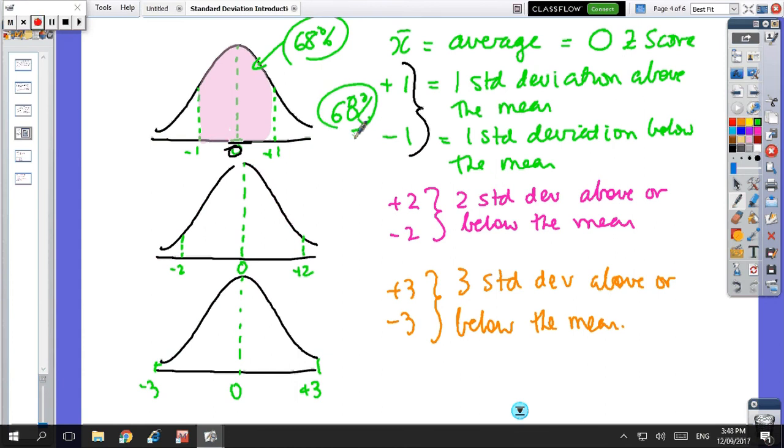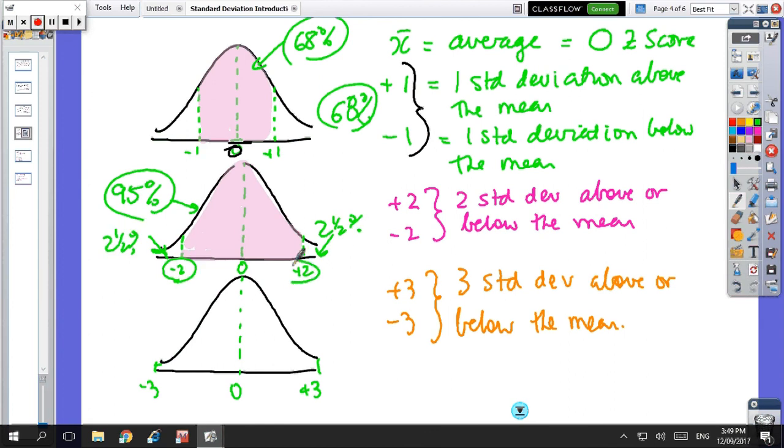But as you extend the curve out further, say for instance we had plus or minus 2, then we're getting even more people. Okay, so again, this is the vast majority of people between plus and minus 2. And if we did enough work in statistics, this number is actually 95% of the people. So that's why there's very few people above 2 with a Z score or below minus 2, because there's only 2.5% of people left here and 2.5% of people left here.